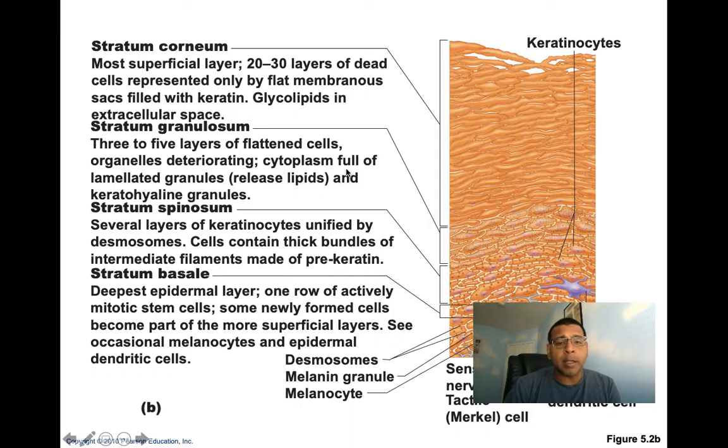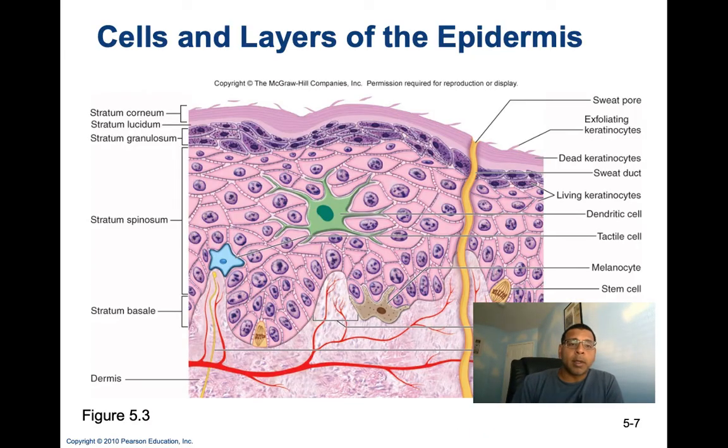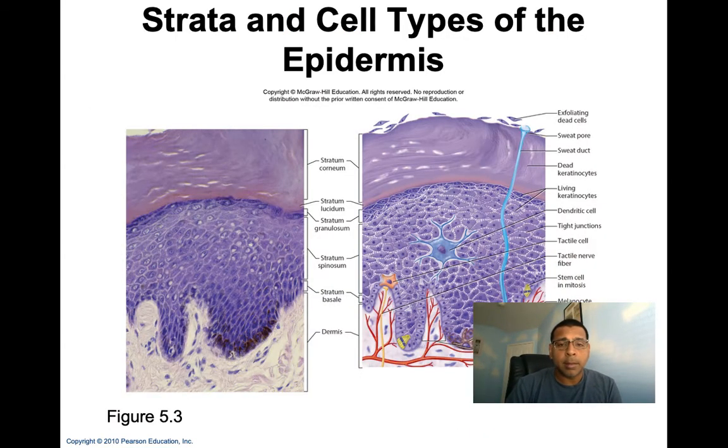The cytoplasm is going to be full of granules and keratohyalin granules. So another depiction, and then we can see here as well, granulosum.